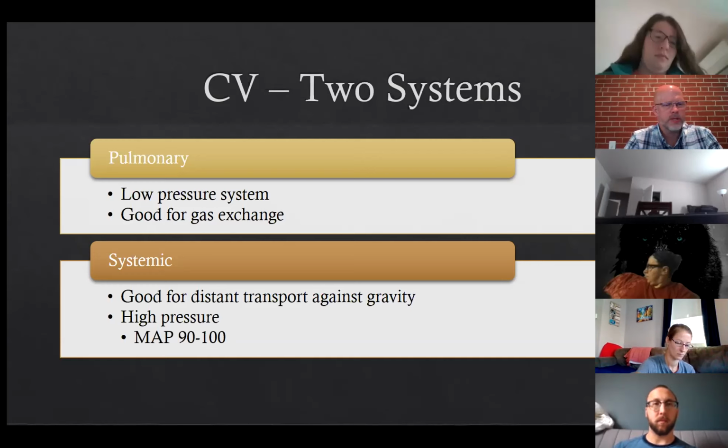What is the lowest MAP that our kidneys will tolerate? Anybody know? 65. Good, 65. That's the bare minimum. Once you start going below 65, kidneys get unhappy. If you've got even about a 10 to 15 minute event below 65, your patient's kidney numbers may reflect it in the following labs.